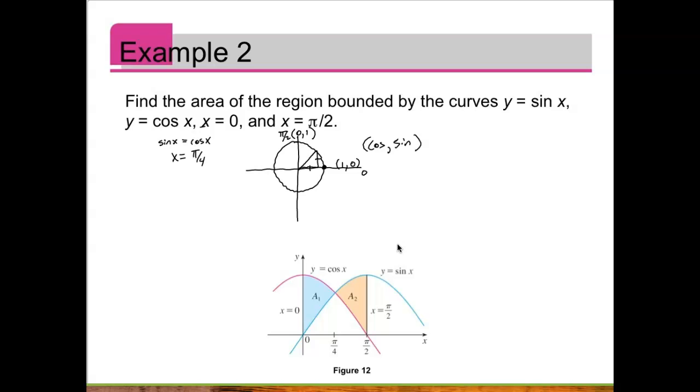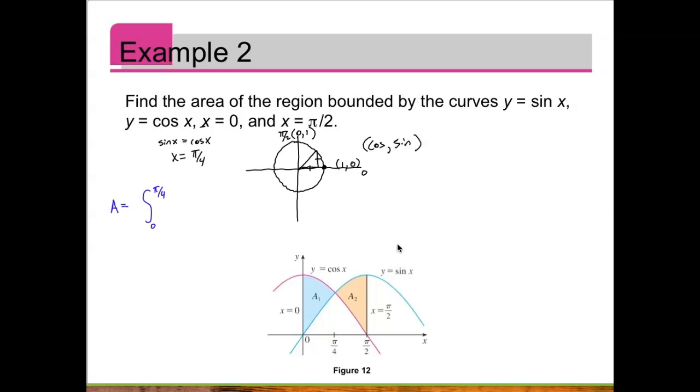All right, now that we know that's the point of intersection, we're ready to set up our integrals. I'm going to go area equals integral 0 to pi over 4. Which one's on top for that first region? Stop looking at the diagram. You need to remember cosine starts at its amplitude, sine starts at 0, right?